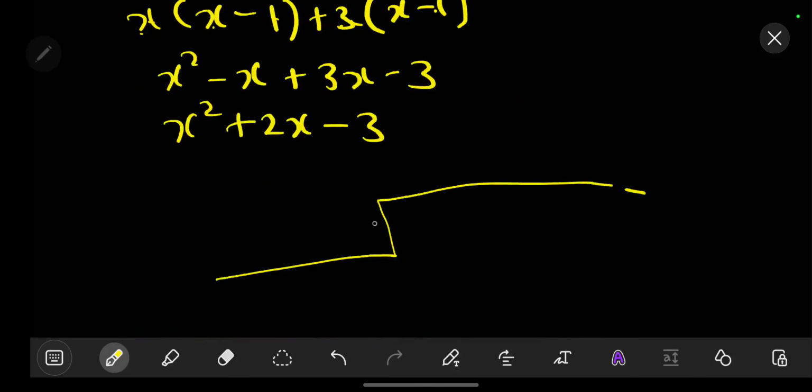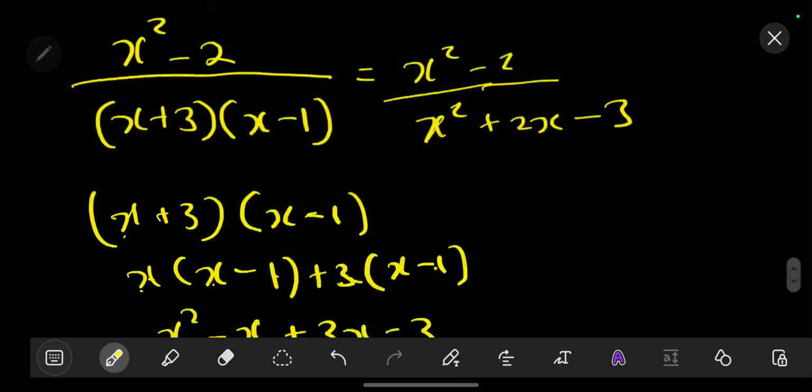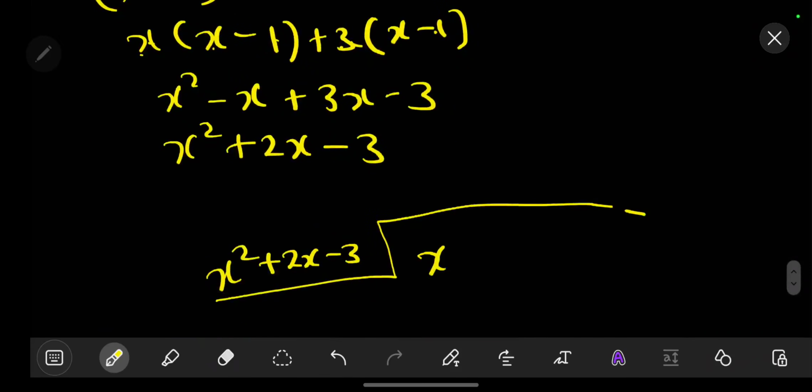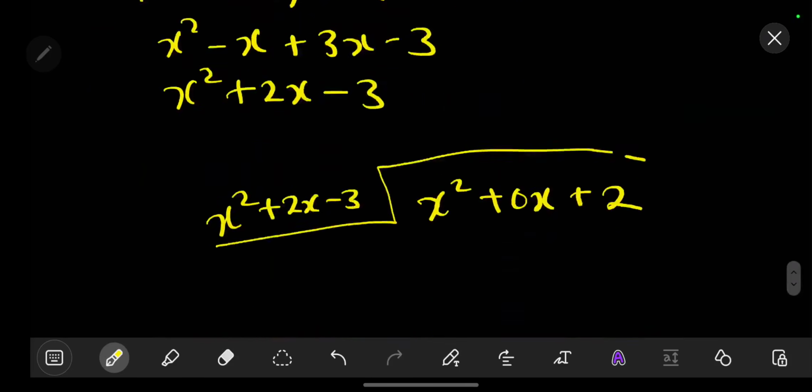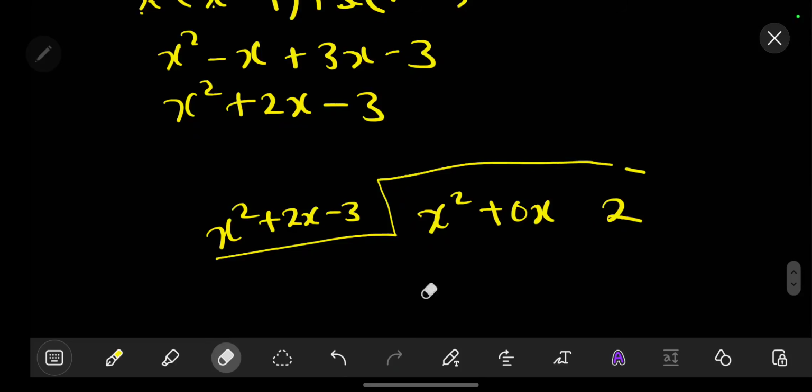So we put the one that's dividing, x squared plus 2x minus 3, then we get our x squared minus 2 there. Let's just follow. We have 0x, plus our 2. Is it plus or minus? Minus 2. So we are going to put minus 2, like that.